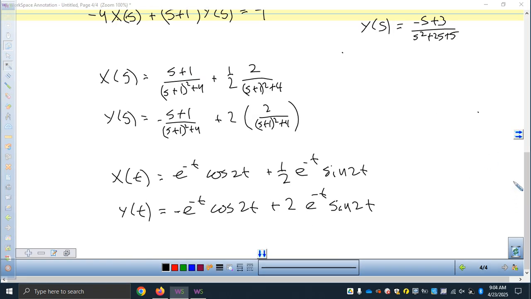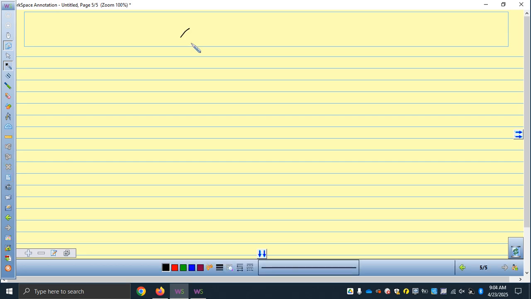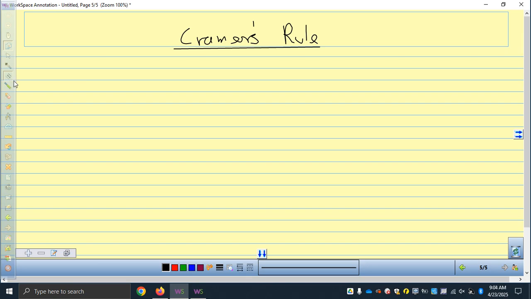All right, and I want to talk really quickly about Cramer's rule. Cramer's rule is a method for solving systems of equations. It involves the determinant of the coefficient matrices. So we have a system of equations that we can write as a matrix equation, Ax equals b.